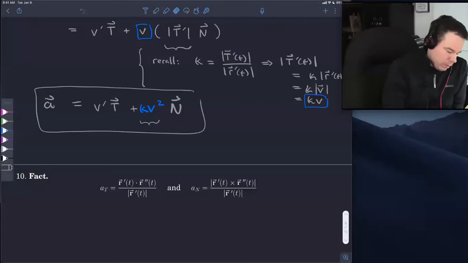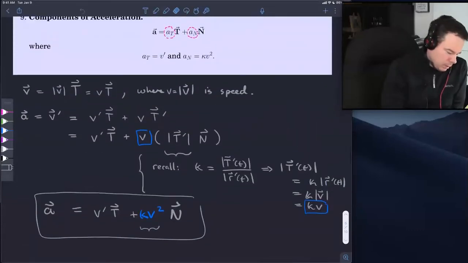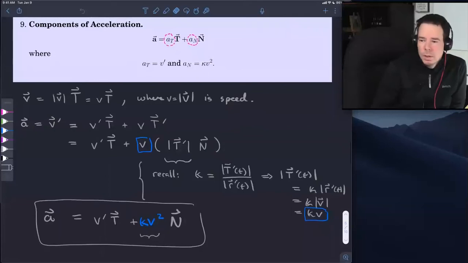What we ended up with at the very end of last lecture was this idea that in space, acceleration can come in two components. You think of this as the two varieties of acceleration. Acceleration could come as a result of the speed of the object changing, or the acceleration could come as a fact of the direction of the object changing.